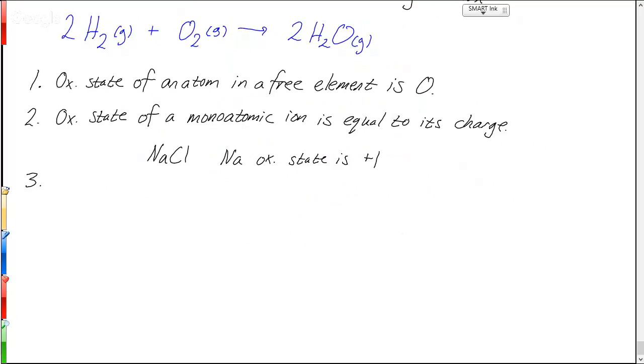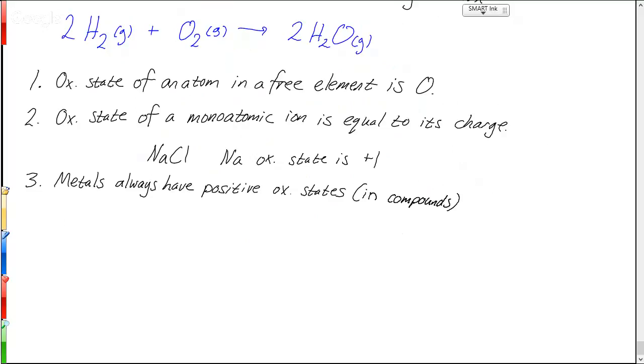Third, metals always have positive oxidation states in compounds, of course, because otherwise they're 0.